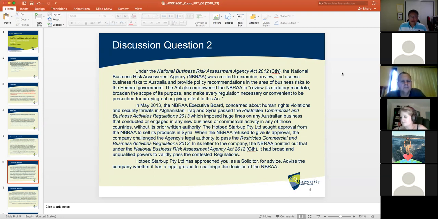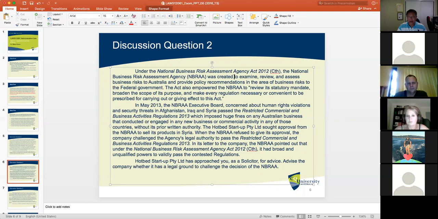And so there are two aspects to this. The first point is that when you examine the enactment, the purpose of the enactment in creating the NBRAA was for the NBRAA to examine, review, and assess business risks to Australia and provide policy recommendations. Now we notice as well that the act does say that it may broaden the scope of its purpose.